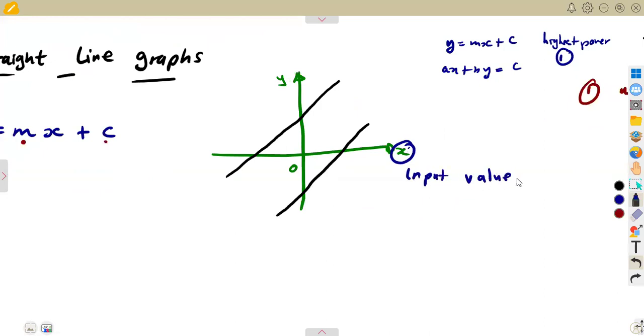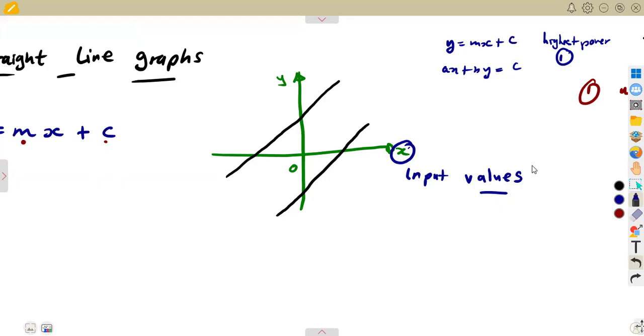These are the input values, whether you are presenting mathematically or in any other subject that you might talk about. Whenever you have input, you are given input.